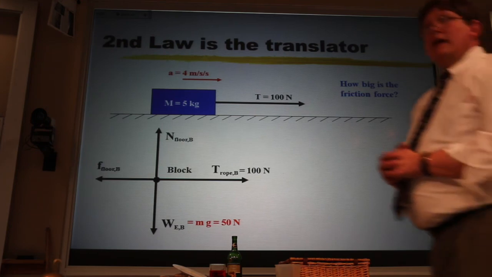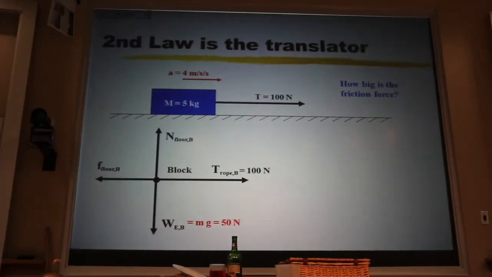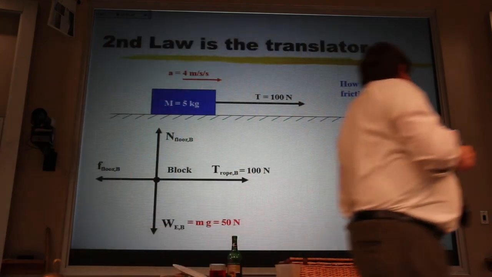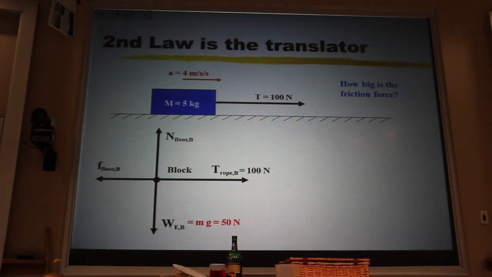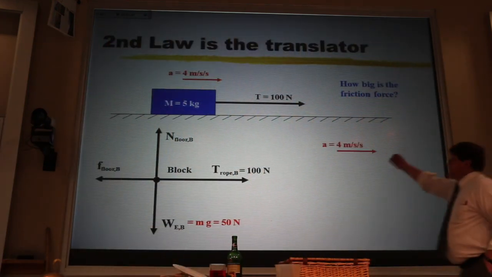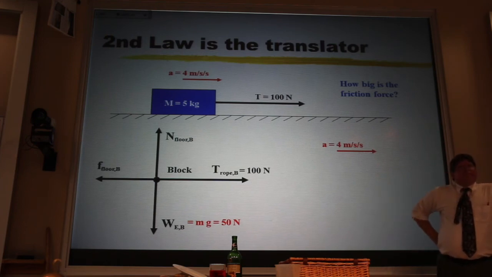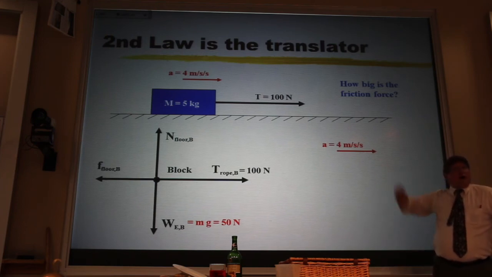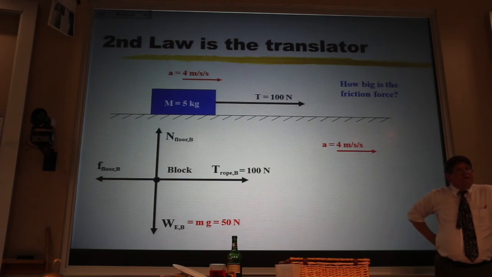Just like the first step of every force problem is always the same, so is the next step. Every time you finish a free body diagram, you get to use Newton's second law twice. Once in the y direction, once in the x direction. Let's do it first in the y direction. That's the acceleration. How much of that vector is in the y direction, the up and down direction?